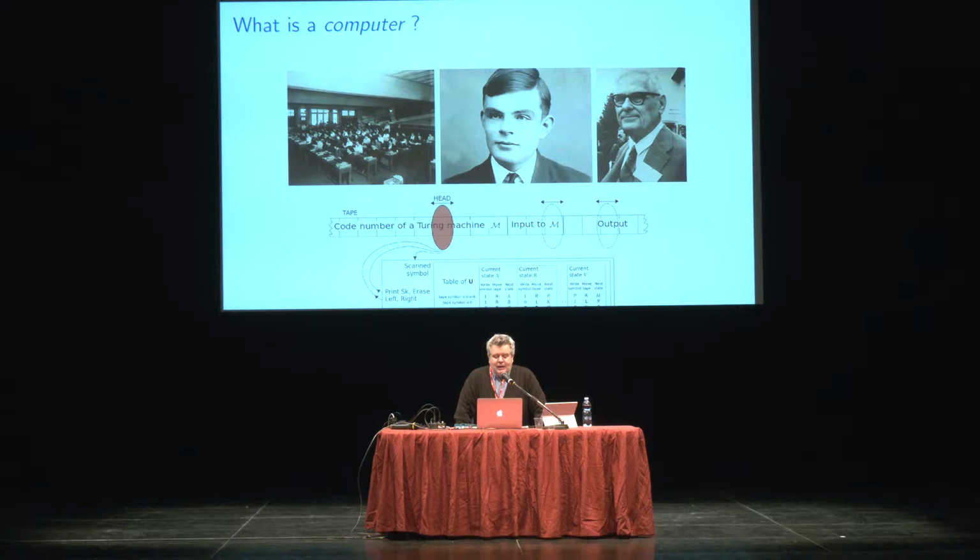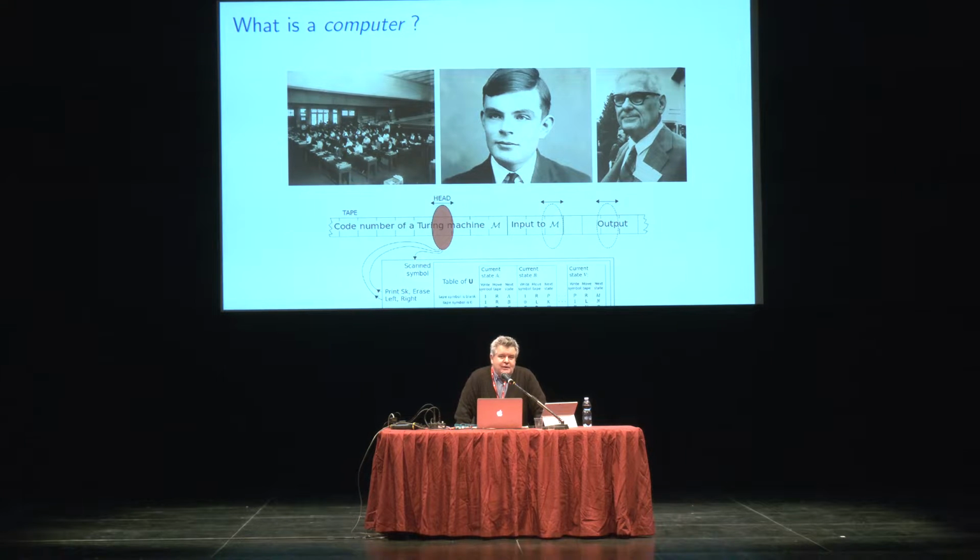So computers are a finite approximation of universal Turing machines. And this means that, maybe not from a practical point of view, but at least from a conceptual point of view, all these machines are equivalent.